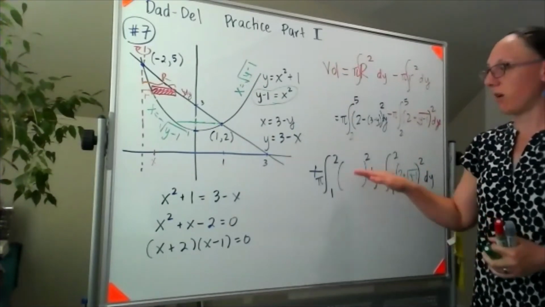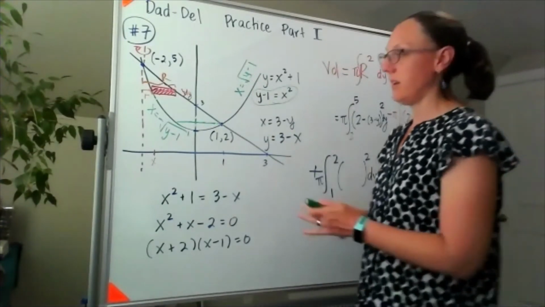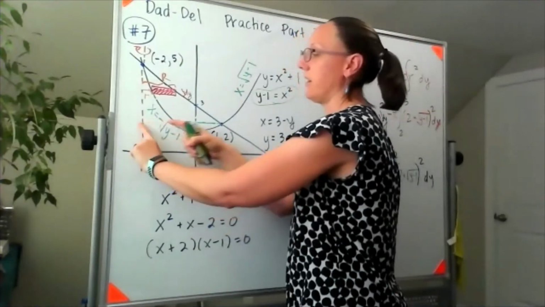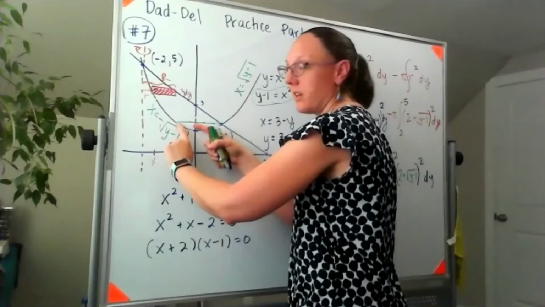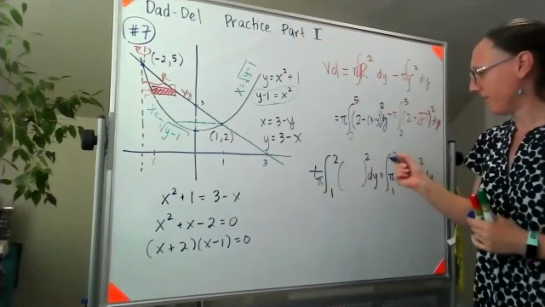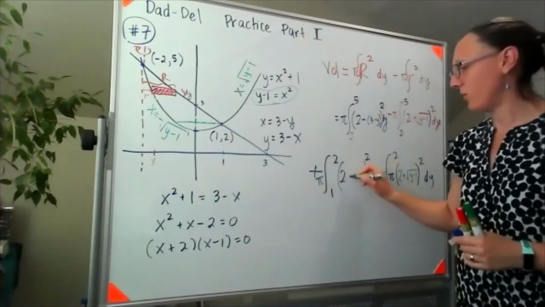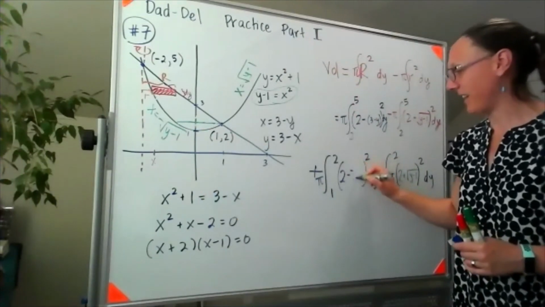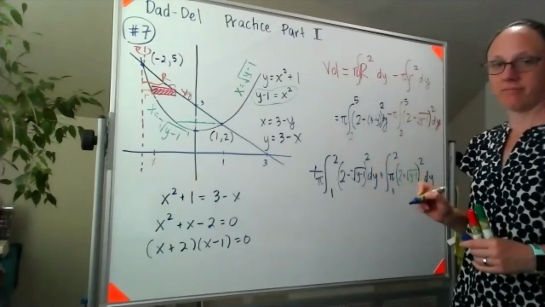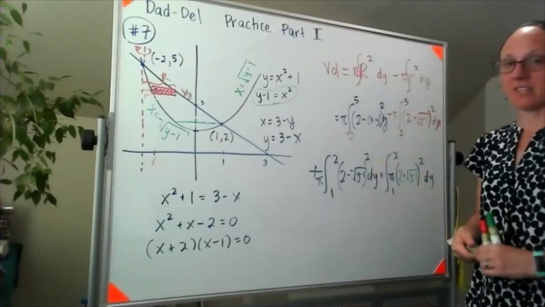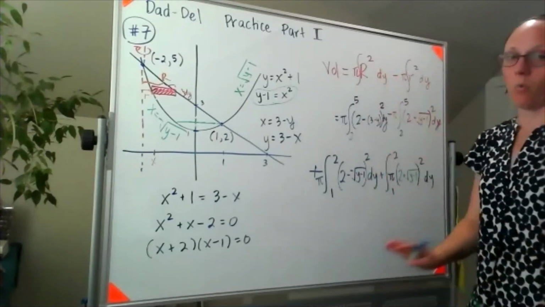And for our inner radius, now I'm looking at 2 minus the x value, or 2 minus the negative square root of y minus 1. And in terms of the setup, we get to quit and walk away right there.